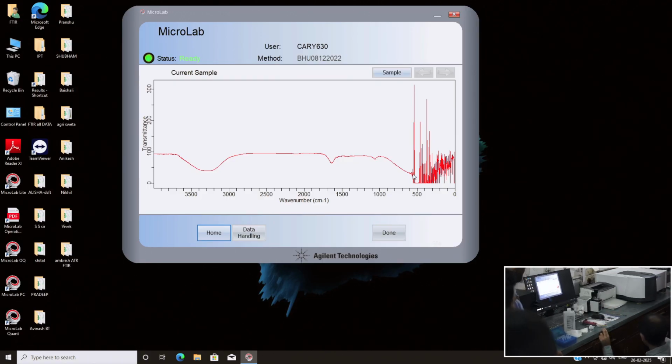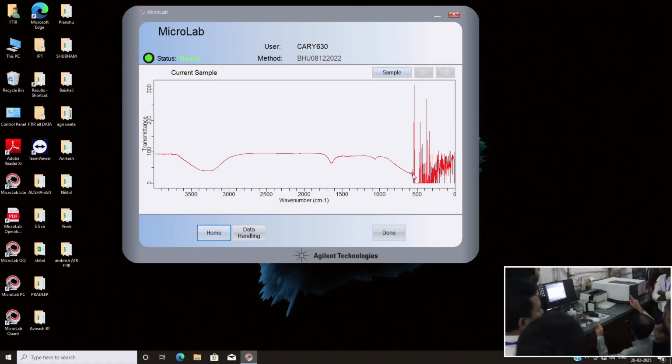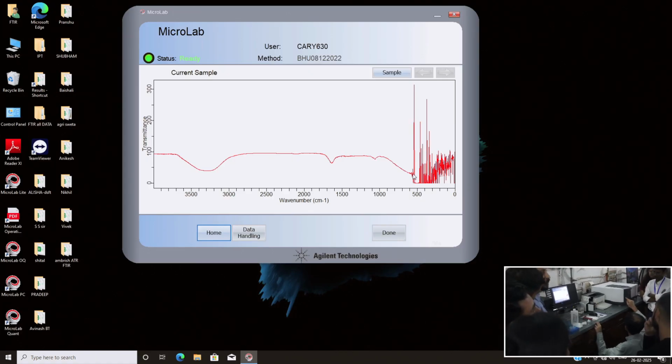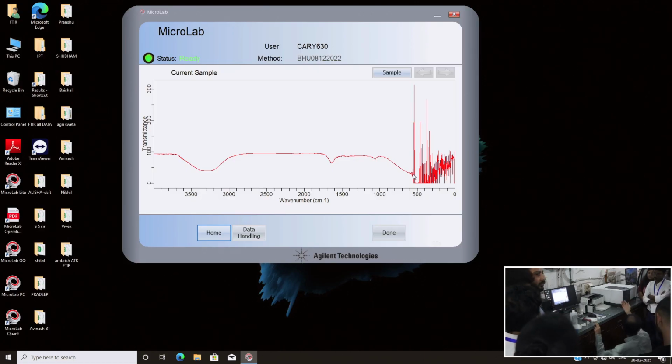The IR spectrum is calculated by the equation: absorption is minus log I over I0. In this case, I0 is almost 0.